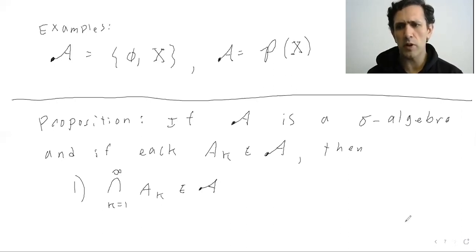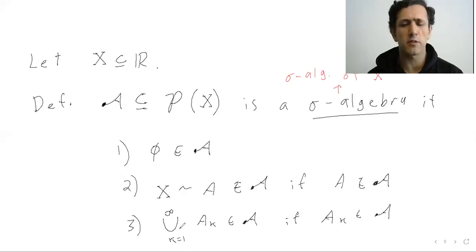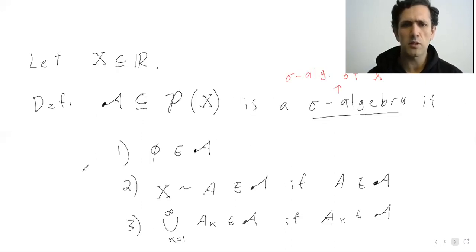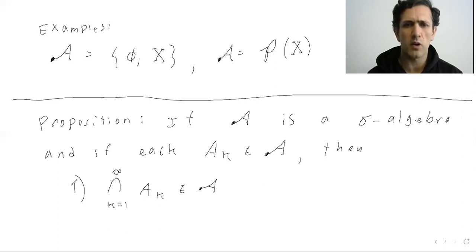You might have been wondering, what's special about unions? Why not intersections? Why exclude them? We're not. So we do have that countable intersections are preserved.